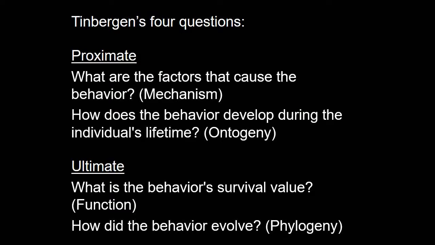It's also interesting to think about in the context of human behavior: this step of how the behavior develops during the individual's lifetime, Tinbergen claims is proximate. But if you're thinking about cultural evolution and learning and imitation as domains in which natural selection is operating, which I very much do and we'll talk a lot about in the class, this can also be a step in which ultimate causation is happening.